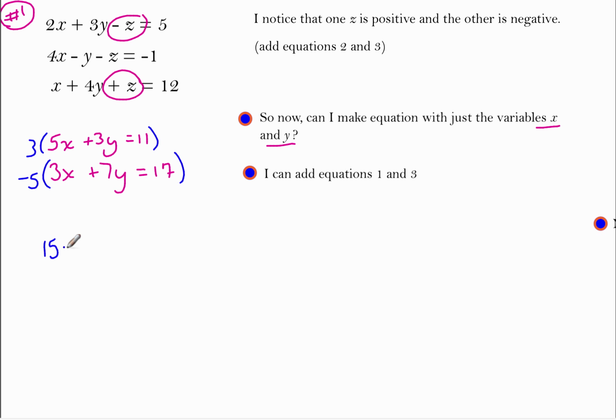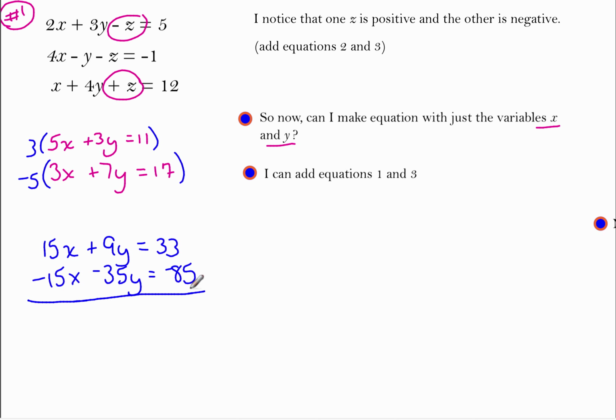Rewriting. And then on the bottom, I can now add them together.